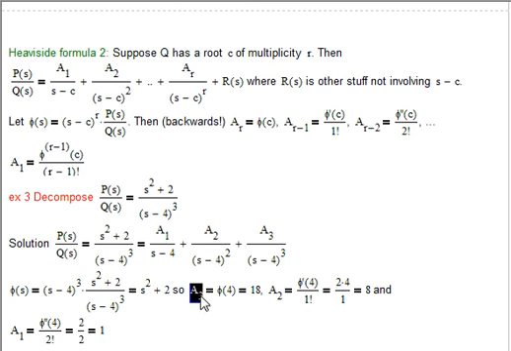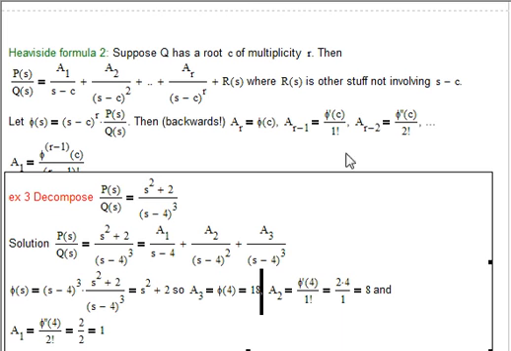So A3, that's the highest one, is just phi of 4. Well, phi of 4 is 4 squared plus 2, which is 18. A2 is phi prime of 4, and phi prime of 4 would be 2 times 4, which is 8, over 1 factorial. See, the factorials start coming into play on this one. And that would just be 8.